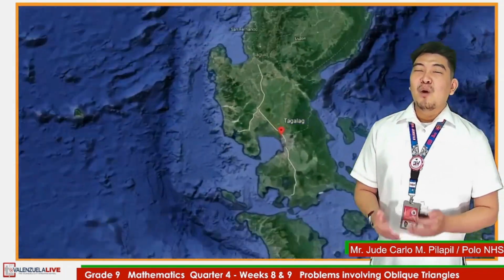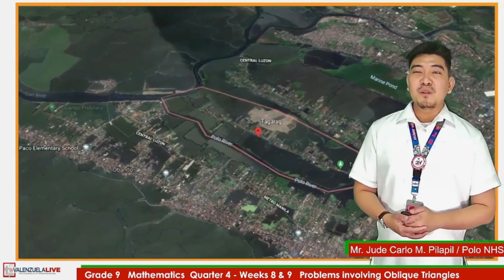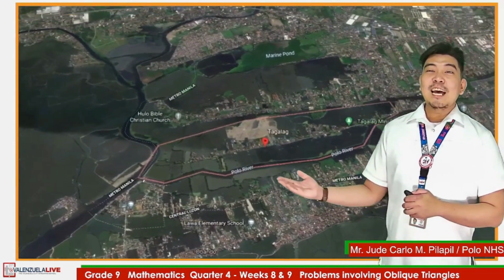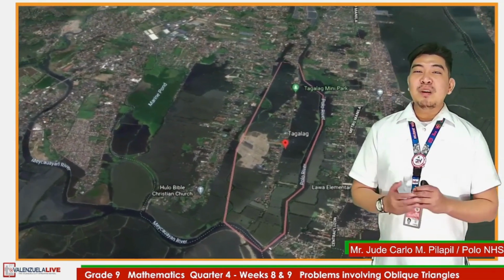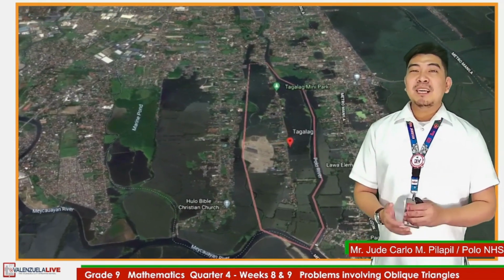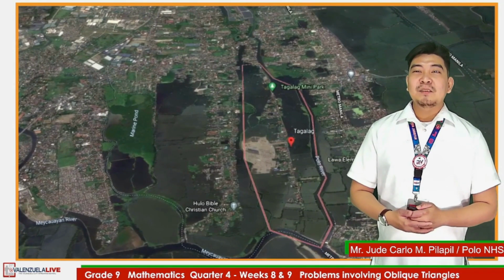It is found in one of the barangays in Valenzuela City, one of the places developed for tourism in the Gateway of the North. This is in Tagalog. Tagalog is bounded by Pola River in the west, Maykawayan River in the north, and Caloong River in the east.